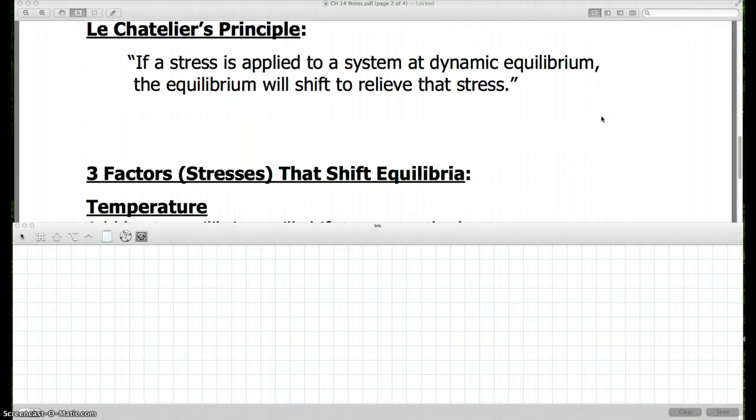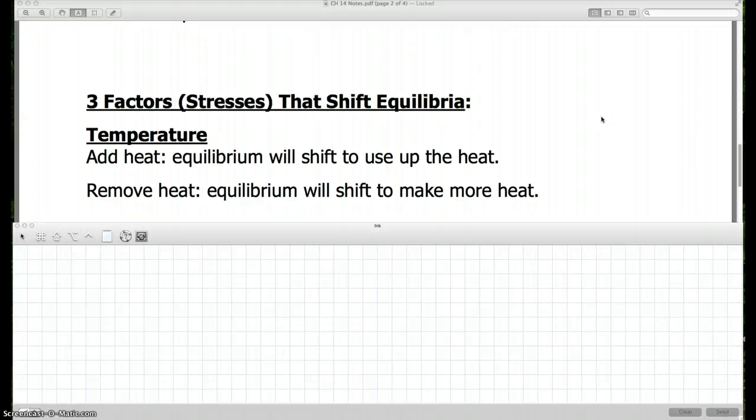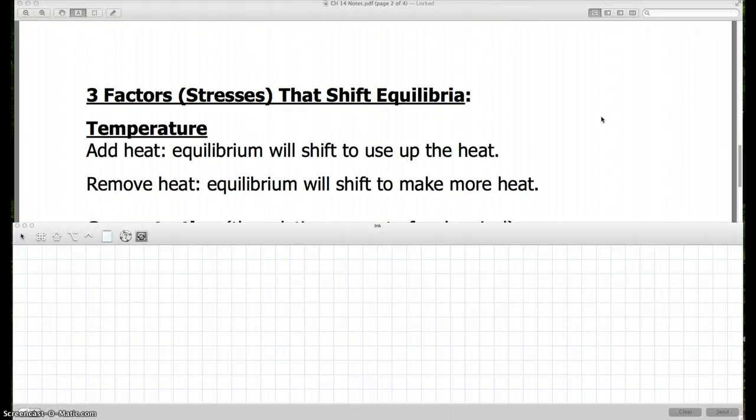And there are three things that we can use to knock an equilibrium off balance and make it shift back to a new balance point. So there's three factors. One is temperature. You'll want to remember these rules here. If we add heat, the equilibrium will shift to use up that heat.